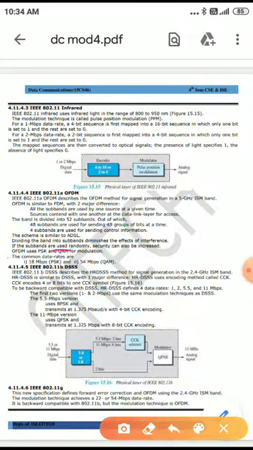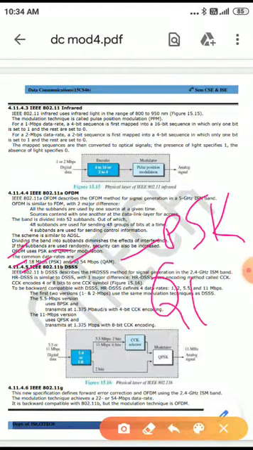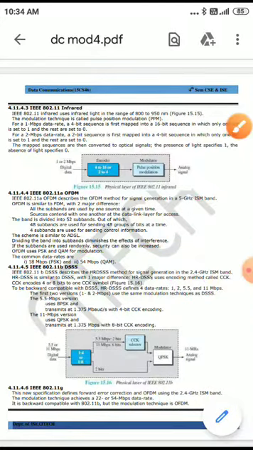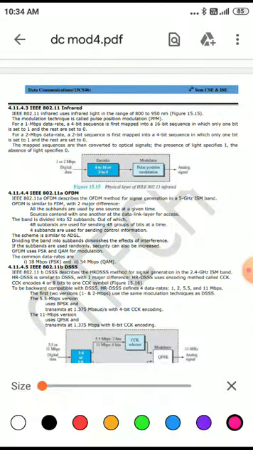Here the common data rates are 18 Mbps for PSK and 54 Mbps for QAM. There will be two data rates: if you are using PSK, 18 Mbps; if you are using QAM, 54 Mbps.